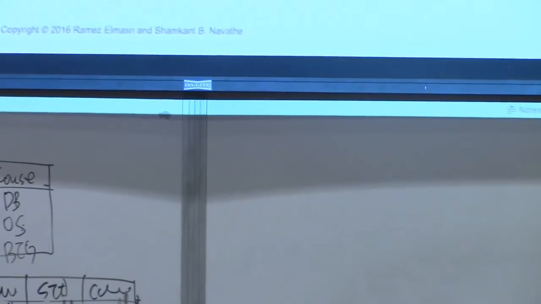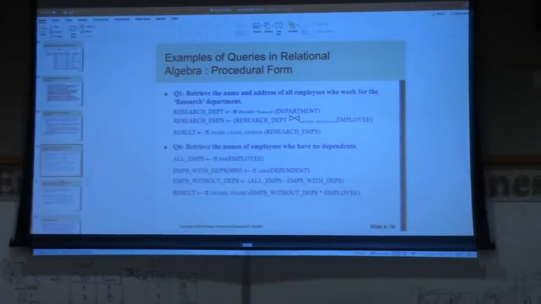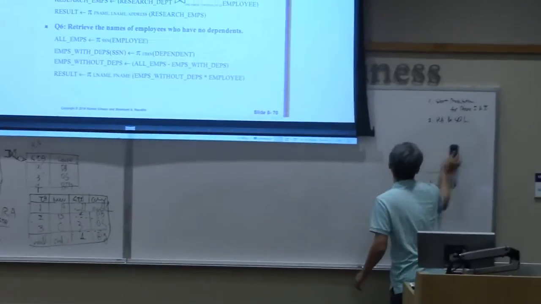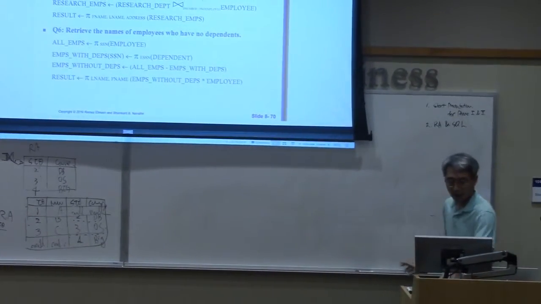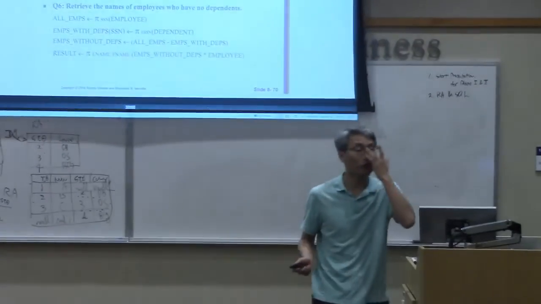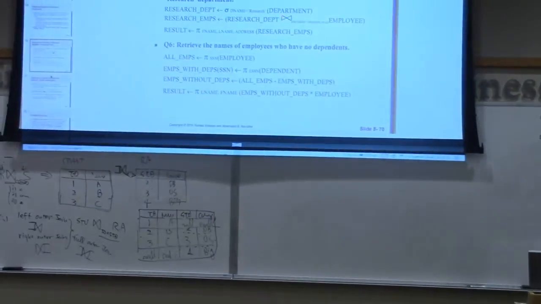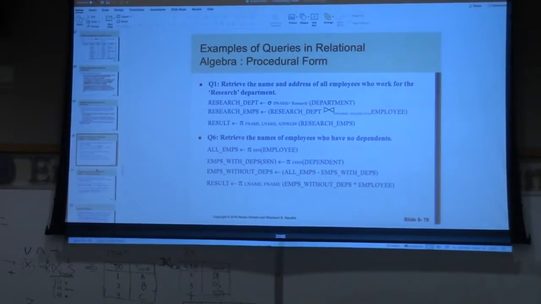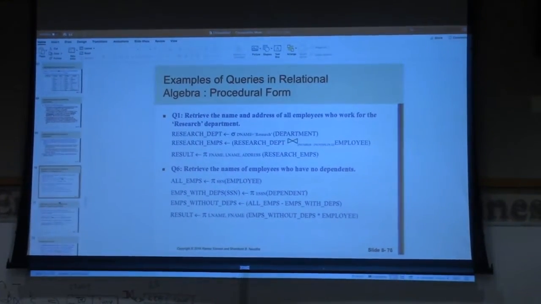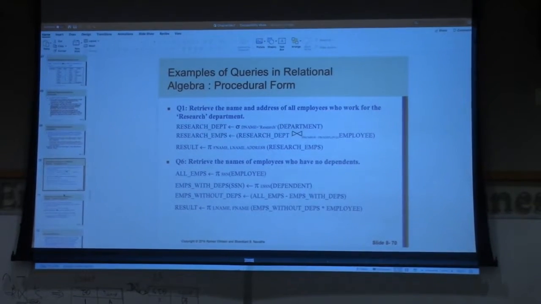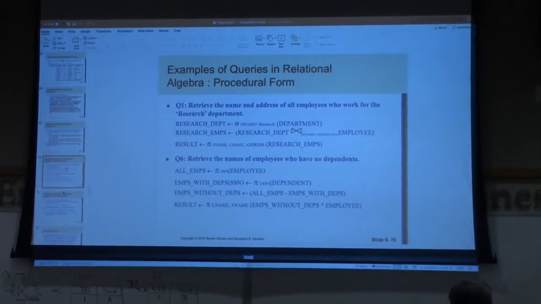Okay, so that is most of the relational algebra operations. So we will see how we can create some relational algebra expressions. First, whenever you create a relational algebra expression, you need to understand the meaning of the query. So query 1, for example: retrieve the name and address of all employees who work for the research department.